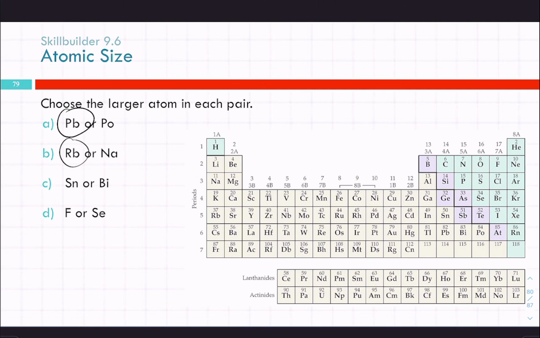If we have tin or bismuth, tricky. Bismuth, yeah. Jumping down, you add a whole other shell. So that's more important. Okay, for fluorine or selenium. Selenium. Yeah, that one's not so tough. So for atomic size, moving down is more important than moving across.